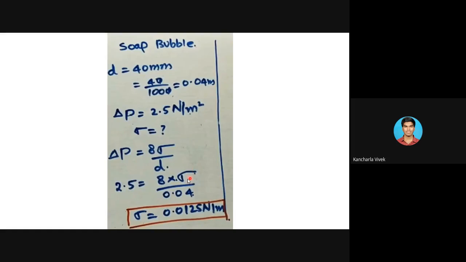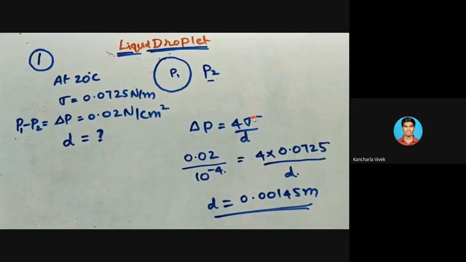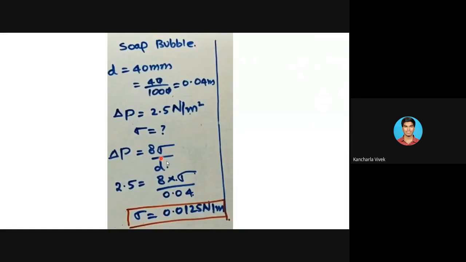So we calculate sigma by taking both these terms to the other side. We have done the case of liquid droplet, where we needed to find D. In this case, we were asked to find sigma for the soap bubble, given the data of D and delta P.